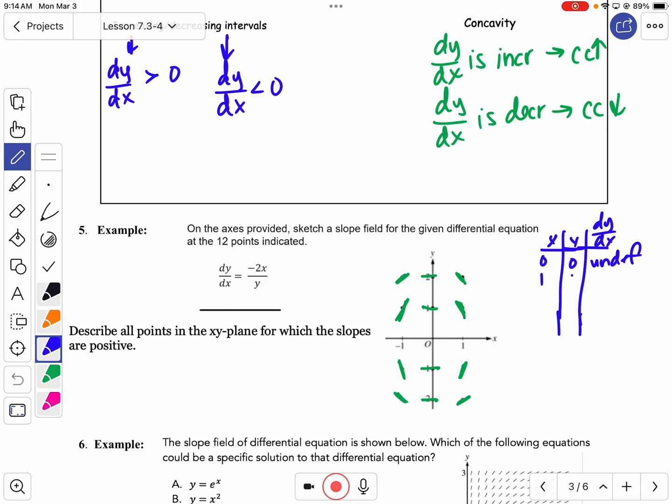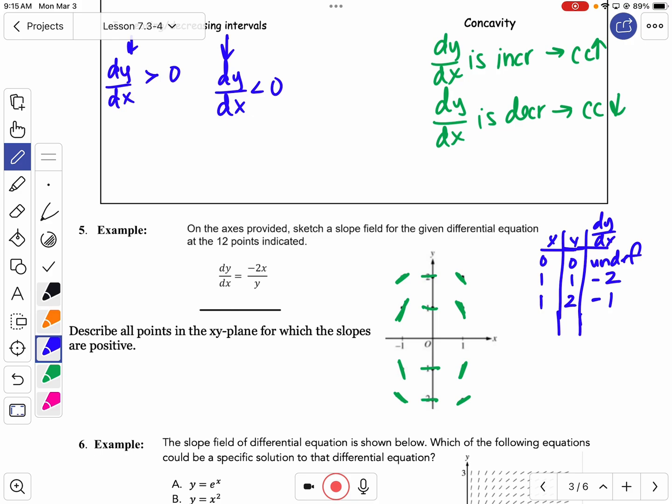If I did 1, 1, that'd be a slope of -2. However, if I did 1, 2, that would give me a slope of -1 and so forth. So just as an organizational strategy for when you're doing your slope field.